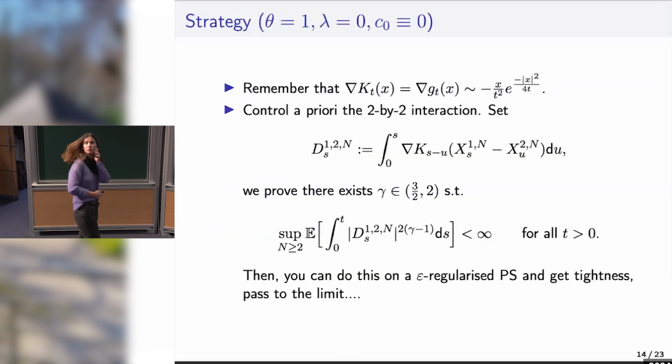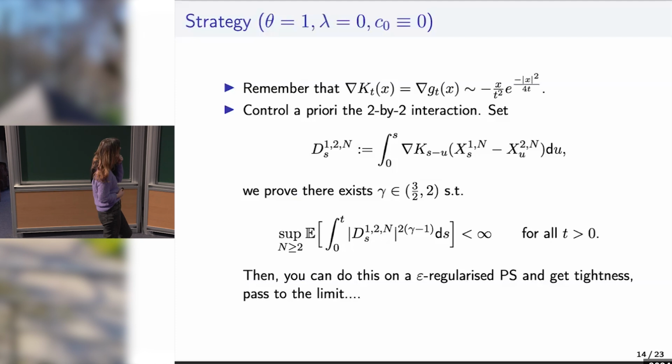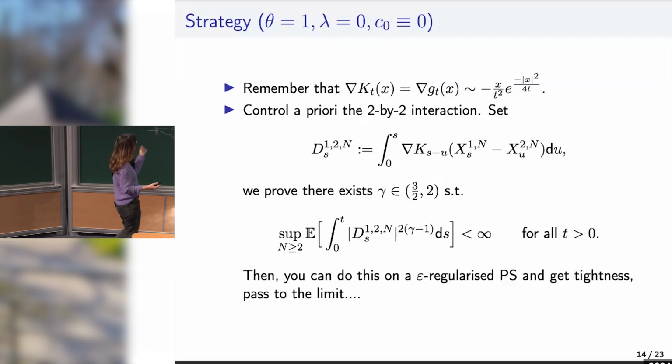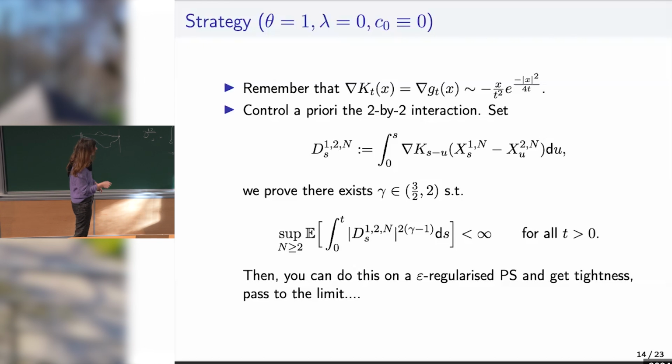So the proof, I have a bit of time. The strategy I kind of already told you, and you'll see that this is the key: what you want in any kind of singular interaction in this framework is to control the 2x2 interactions.